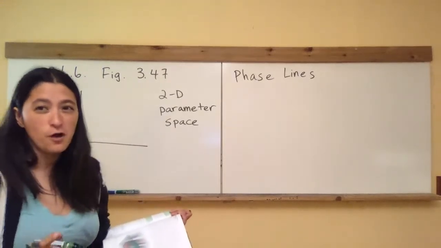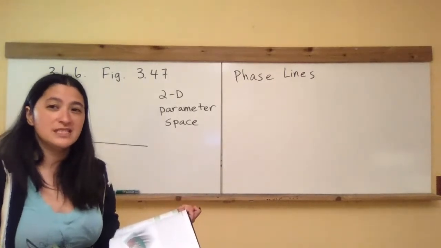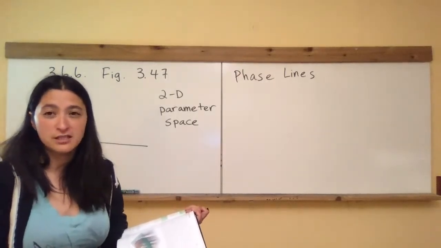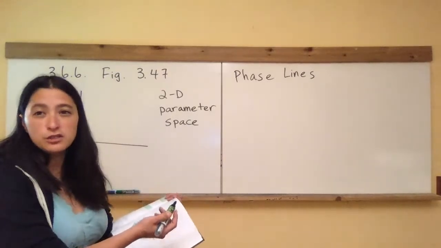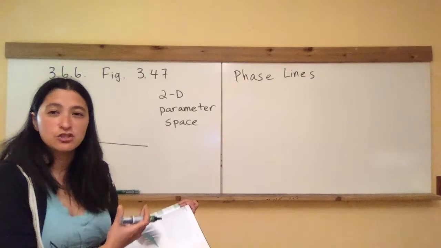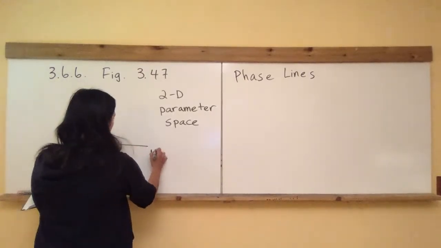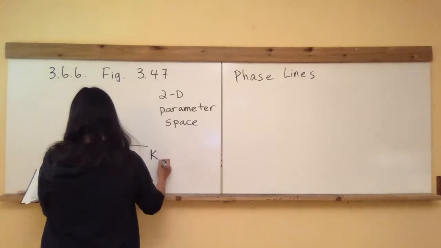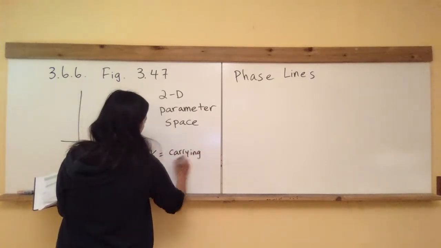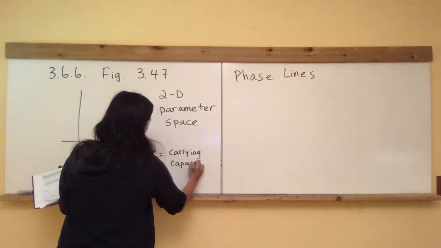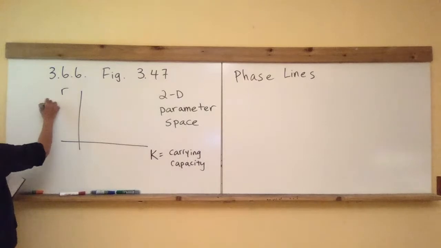That's why it's so important in chapter 1 to make sure that we understand the difference between states, which are the variables that depend on time and change in time, and parameters, which are supposed to be fixed instances that describe different situations. Okay, so we have one parameter, which is K, and that's the carrying capacity. And then we have another parameter, R, and that's the growth rate.